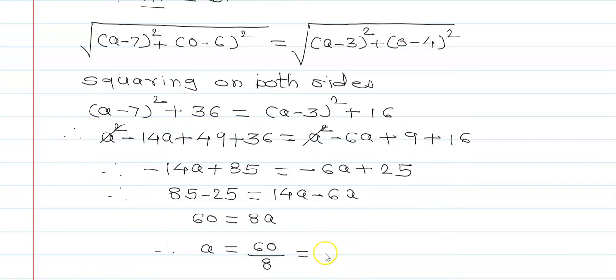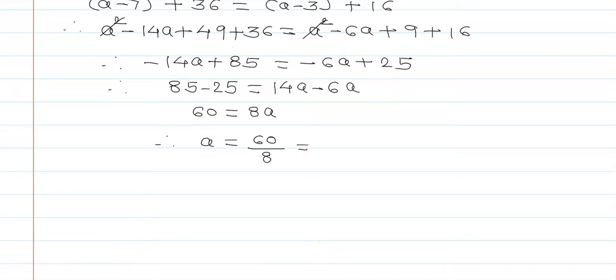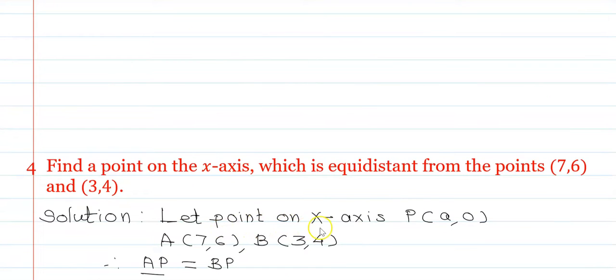And this equals, 4 2s are 8, 4 1s are 4, and 4 5s are 20, therefore it is 15 upon 2, and hence the answer a is equal to 15 upon 2.